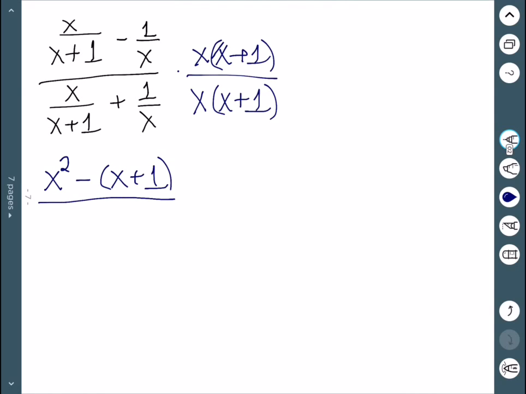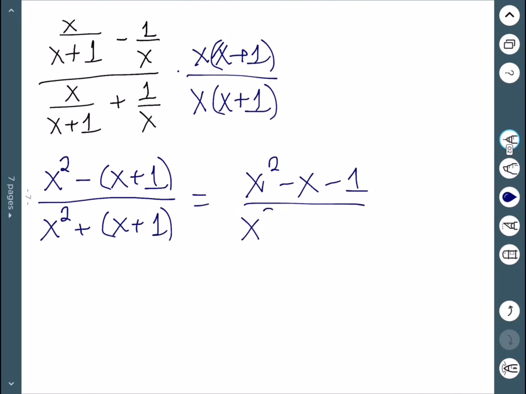When I move to the denominator, I see that the (x + 1)'s cancel with the first term. I'm left with x times x. And with the second term, the x's cancel. I'm left with 1 times (x + 1). And once we distribute out this negative sign, (x squared minus x minus 1) over (x squared plus x plus 1).